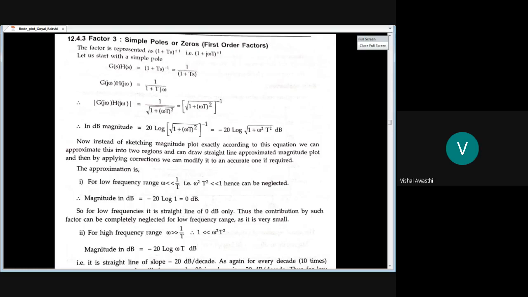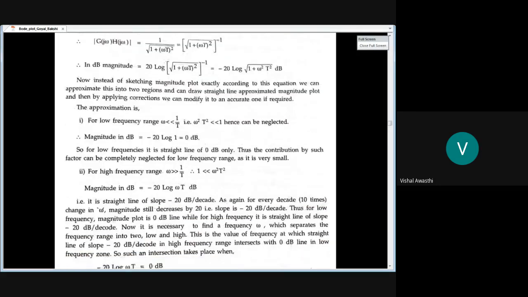So for this particular frequency, your region is divided into low frequency range and high frequency range. So what is the frequency at which these two ranges are going to divide? That is decided by a frequency called the corner frequency. And how do you evaluate this?